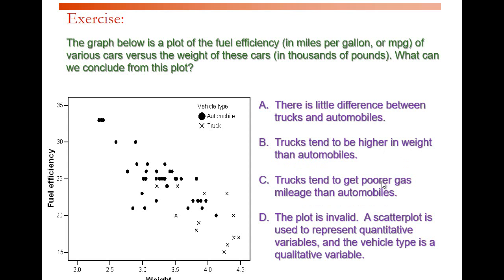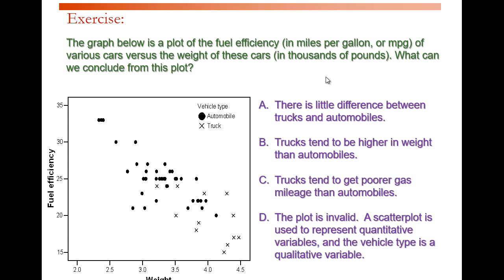Trucks tend to get poorer gas mileage than automobiles. The plot is invalid as a scatter plot is used to represent quantitative variables and the vehicle type is a qualitative variable. So again, pause and think about which of the four statements are true.